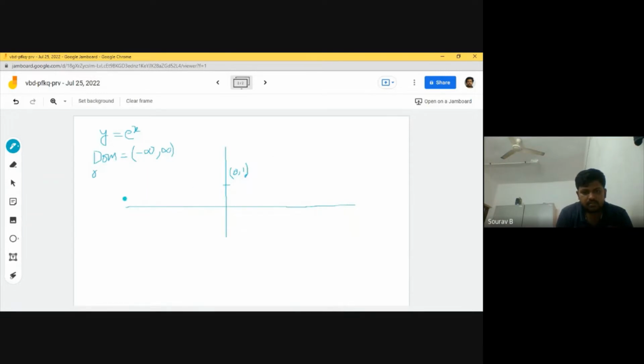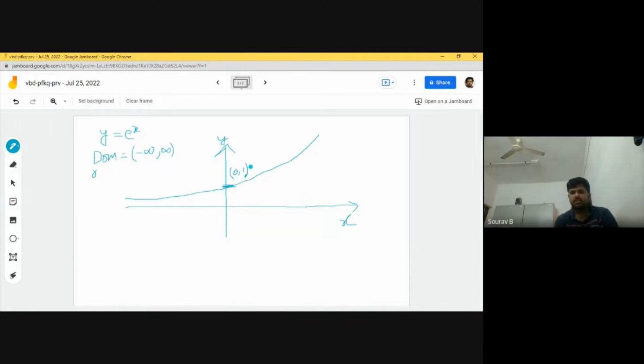So now the graph will be like this. It's monotonically increasing. This is my (0, 1) point, and this is the x-axis, this is the y-axis.